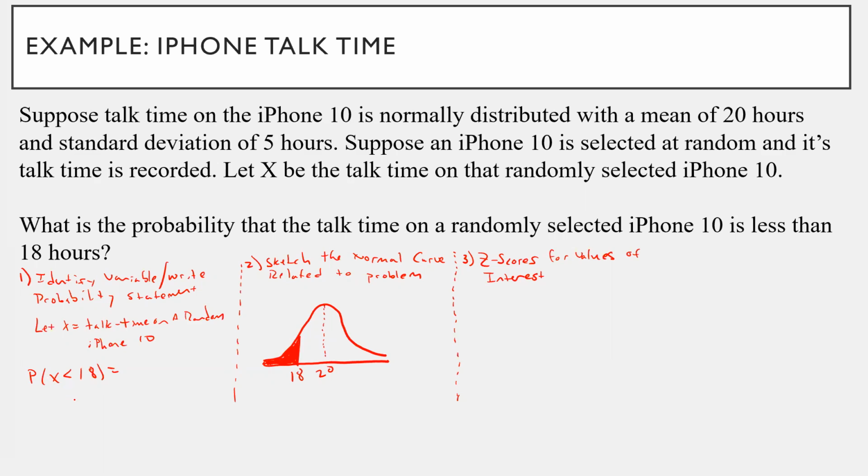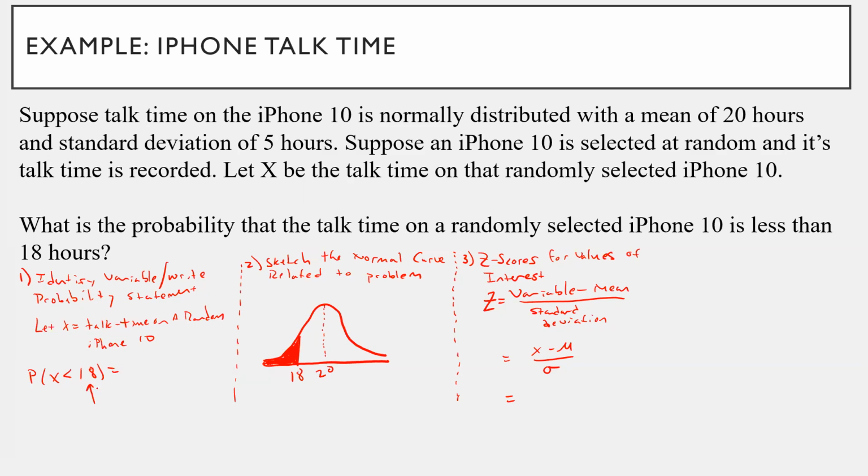The z-score formula is always the variable minus the mean divided by the standard deviation. So it's x minus the mean divided by sigma.